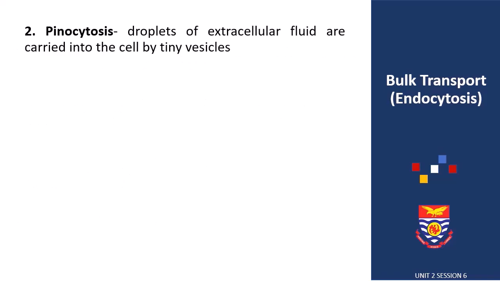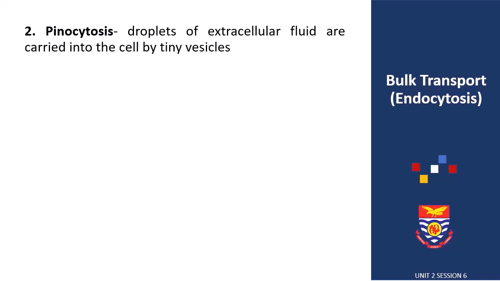The second type of endocytosis is pinocytosis, and it literally means cell drinking. In pinocytosis, droplets of extracellular fluid are carried into the cell by tiny vesicles, and it is not the fluid that is needed by the cell, but the molecules dissolved in it.